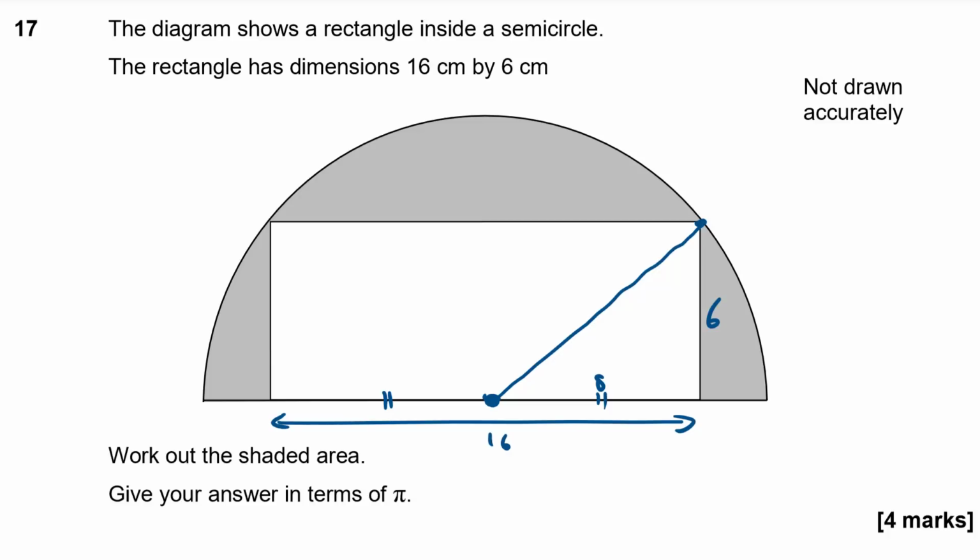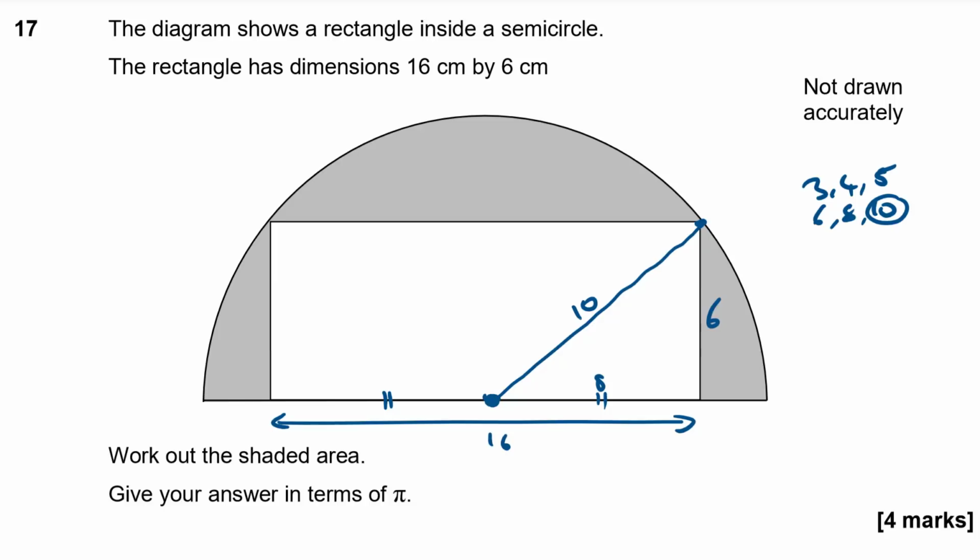I've got 8 and 6 here, so well, you should recognize that really. This is a Pythagorean triple. So we've got our classic 3, 4, 5 Pythagorean triple. Now this one is double that, it's 6, 8, so it's going to be 10. So the radius of this circle is going to be 10 centimeters.